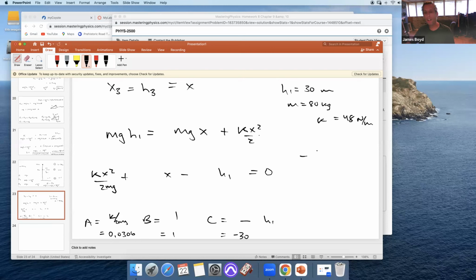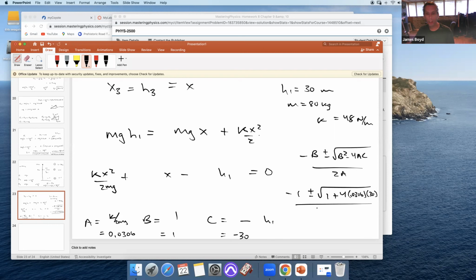Now, negative B plus or minus the square root of B squared minus 4AC, over 2A. This is negative 1 plus or minus the square root of 1 minus 4 times 0.0306 times negative 30. So this becomes a plus, and 2 times 0.0306.